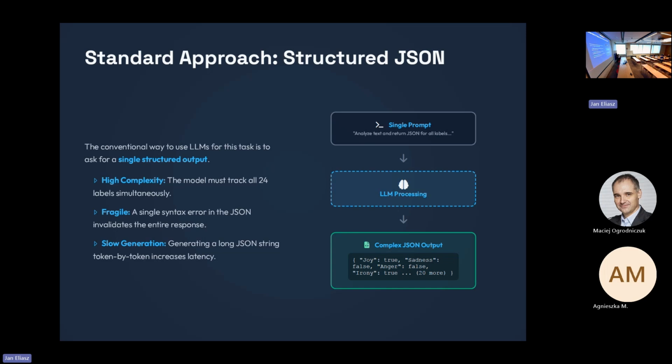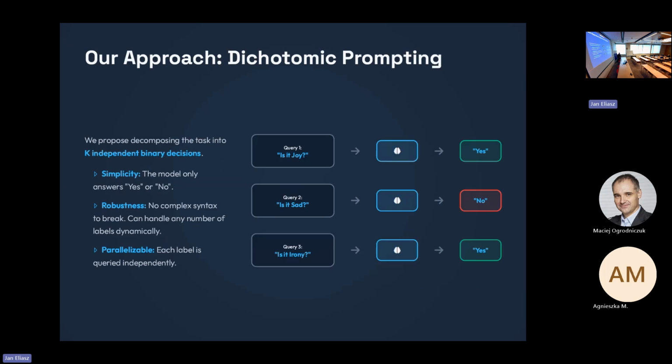We want to reduce the computation time and make the problem simpler for this decoder-only LLM. So we did something that we call dichotomic prompting. We decompose the entire multi-label classification problem into simple binary queries.